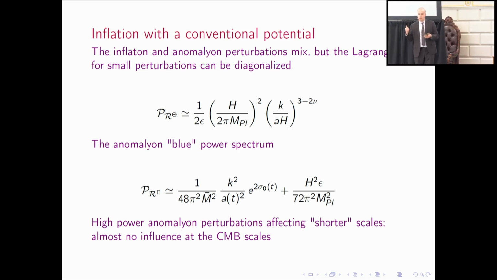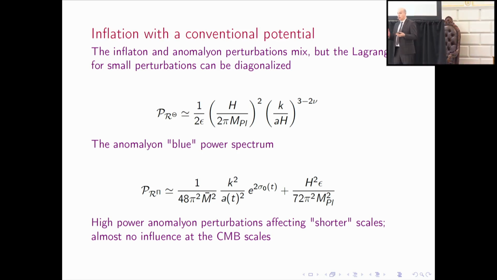What I'm doing here, although I'm not showing it, is taking that theory with the anomaly and introducing an inflaton in it, as you would ordinarily do in conventional cosmology. The inflaton potential gives a nearly de Sitter expansion, and then there is a fluctuation of the inflaton field around that potential. But the inflaton field will mix with this anomalon field, because both are scalars, and there will be lots of mixing terms. The question is how that mixing affects the usual cosmological perturbation theory.